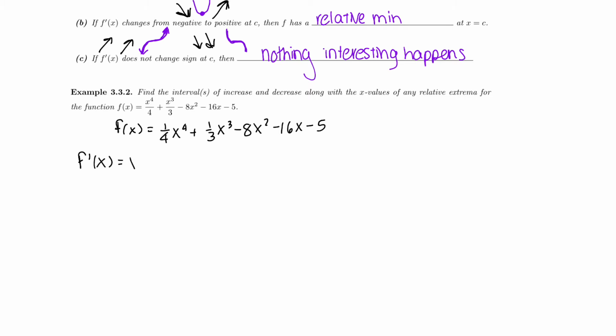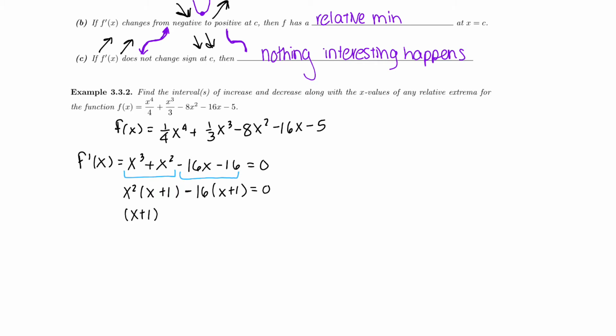So my derivative is going to be x cubed plus x squared minus 16x minus 16, setting it equal to 0. This is going to be a factoring by grouping situation. From the first group, I can factor out an x squared, and I'll have x plus 1. From the second group, I can factor out a negative 16, also left with x plus 1.